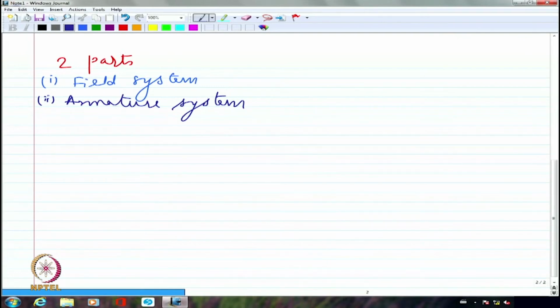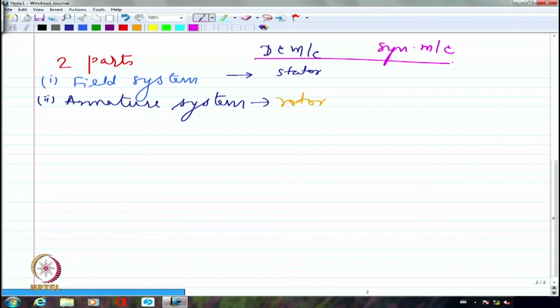For example, if I talk about a DC machine, normally we would see the field system to be the stator and the armature system to be the rotor. Whereas if I am looking at a synchronous machine, for example, which we will be talking about towards the end of the course, the field will be housed in the rotor and the armature will be housed in the stator. It doesn't matter, even if it is the other way around, it would work.